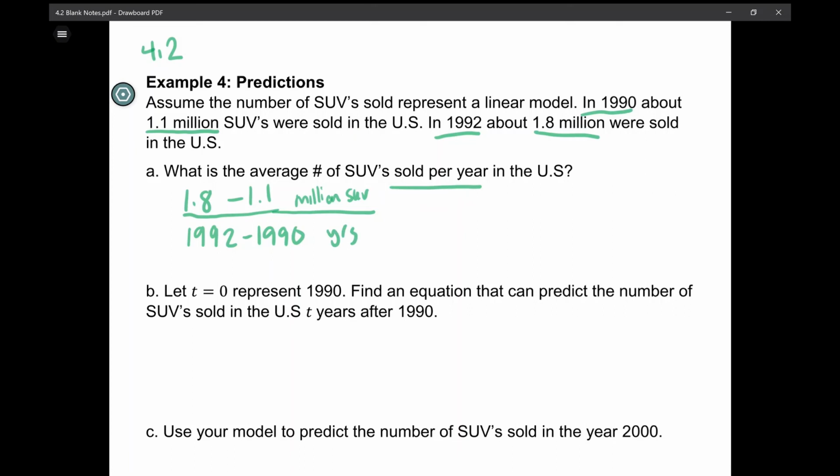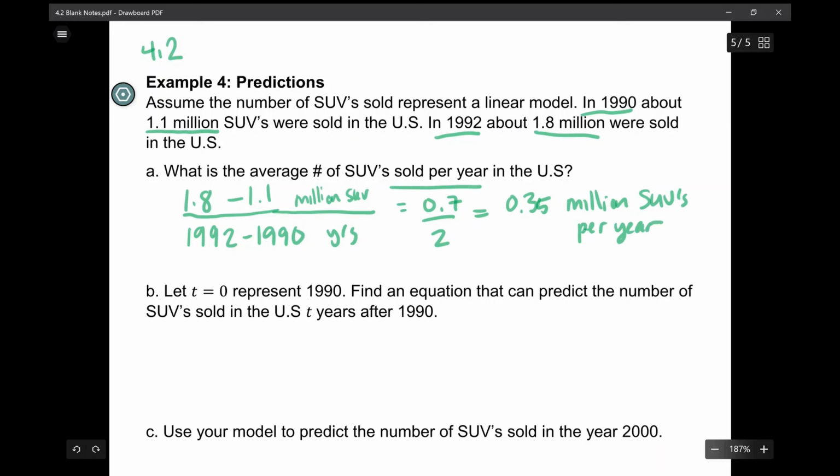And let's see here, 1.8 minus 1.1, I should probably do that in my head, but I think it's 0.7. 1.8 minus 1.1 equals 0.7 million SUVs over 2 years, which is 0.35 million SUVs per year. You could leave it like that, or you could write it out as 0.35 million, which is going to be 350,000 SUVs per year, but it's okay to leave it as million SUVs per year.